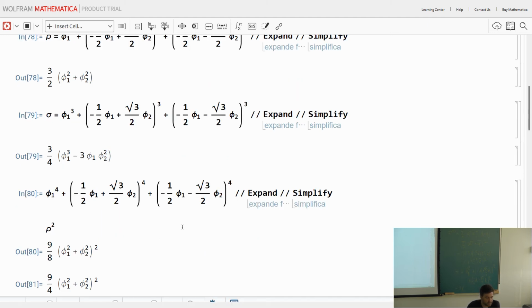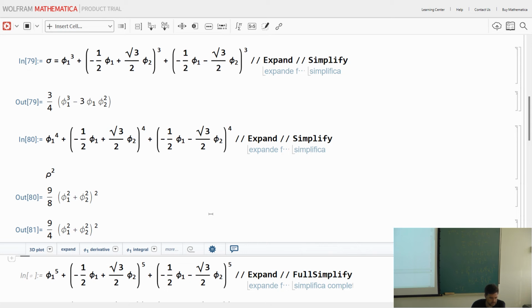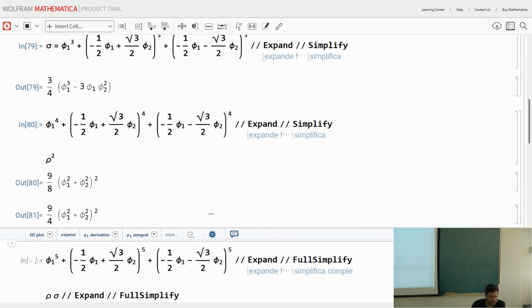So, for example, we compute the next one, E4, and you see E4 is just rho square.